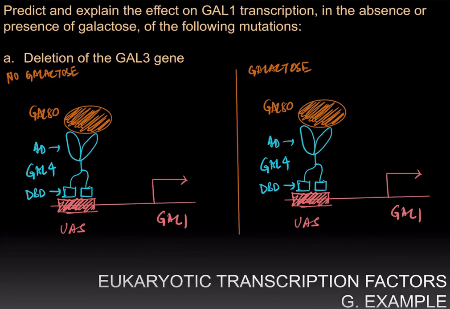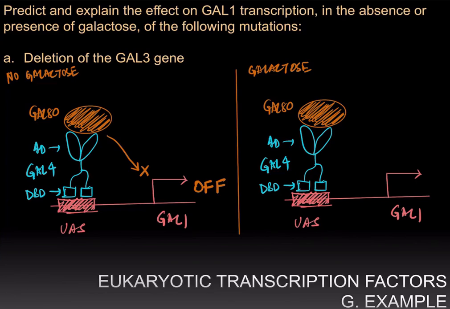Now, when there is no galactose in the cell, GAL80 prevents GAL4 activation domain from activating transcription or recruiting polymerase, and therefore the GAL1 gene is off or there is no transcription.